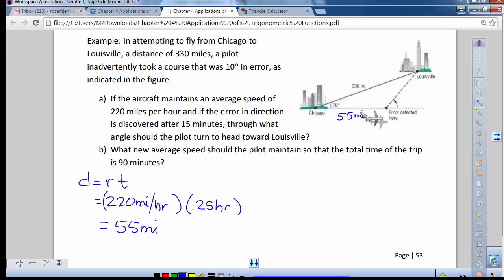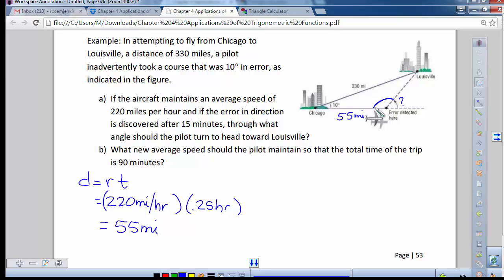All right, and we're trying to figure out this angle that he needs to turn through. And in order to do that, we kind of need to know this angle, which is a part of the inside of our triangle. So we've got angle 10 degrees. We've got the length of two sides. It would be easy for us to figure out this other length using the law of cosines.